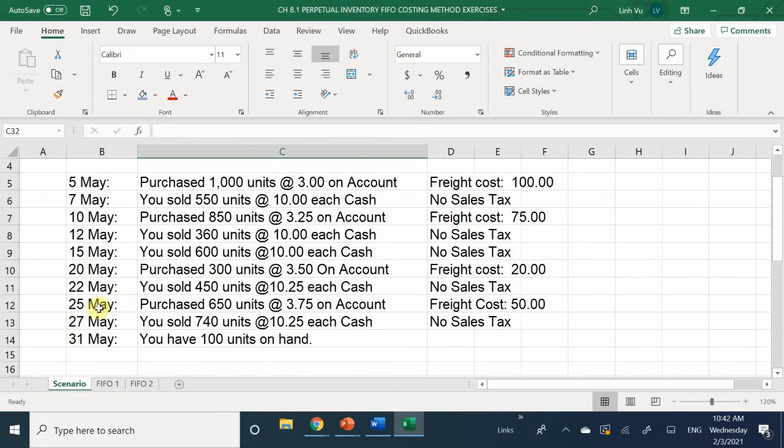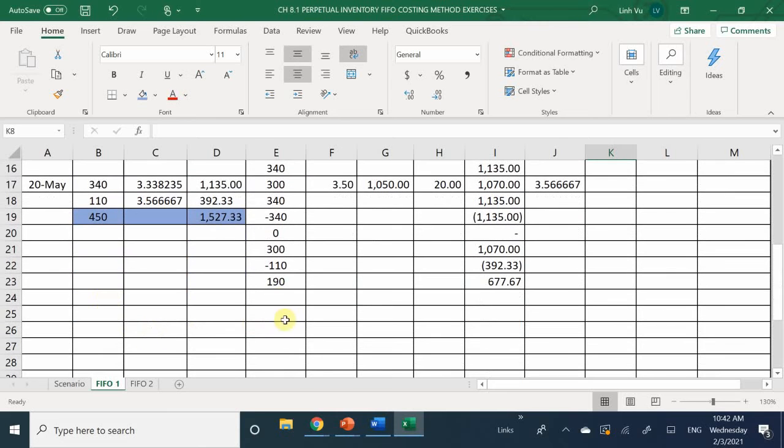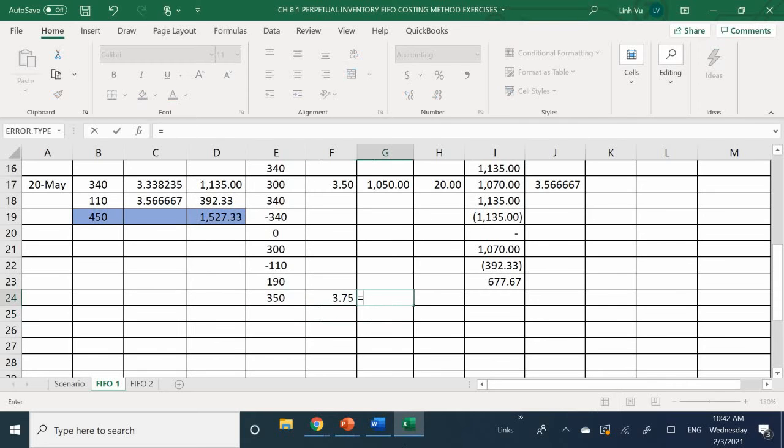On May 25th, we purchased another 650 units for $3.75 each, costing you $50 freight. Okay, so 650 at 3.75 is 2437.50.